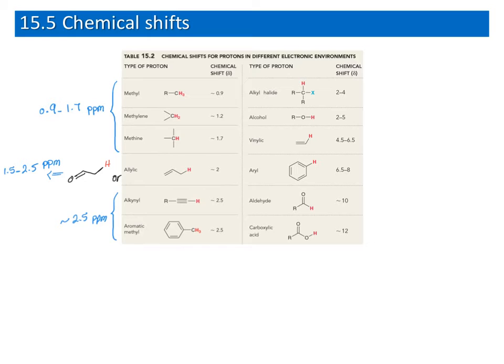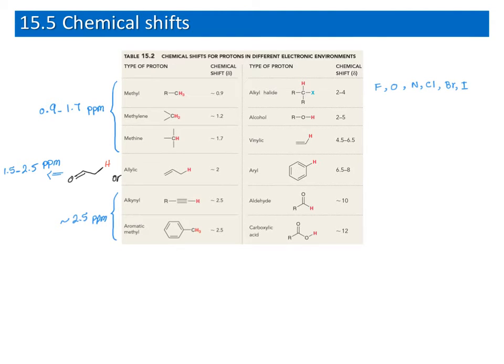Now, after this region, we have the most important one, which is hydrogen connected to the carbon, which is connected to the electronegative atom. And that X, that electronegative atom, can be fluorine, oxygen, nitrogen, chlorine, bromine, and iodine.